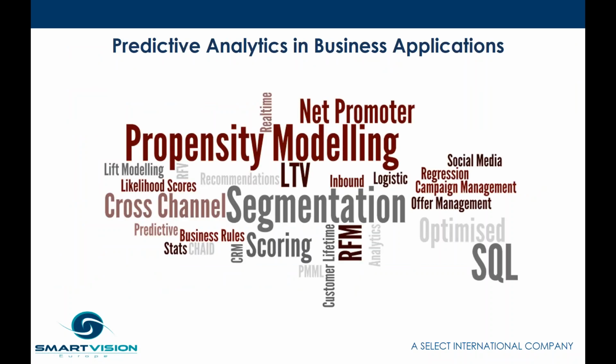Now, when you think about analytics generally, there's a lot of technical jargon out there. There's a lot of stuff around analytics in business applications. Business applications are always talking about propensity modeling and something called net promoter score. We talk about cross-channel and lift modeling and all these sorts of things.